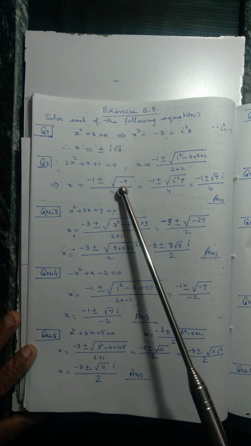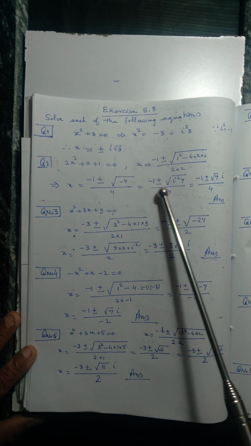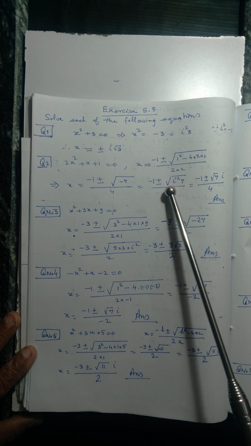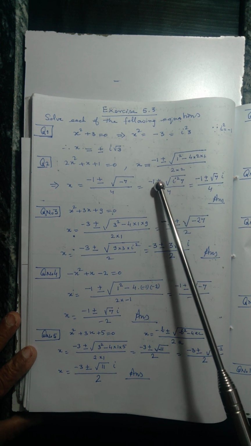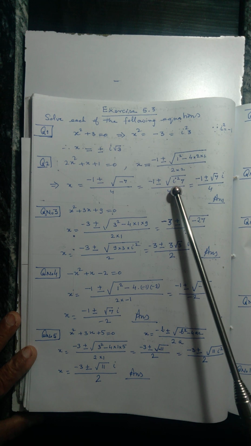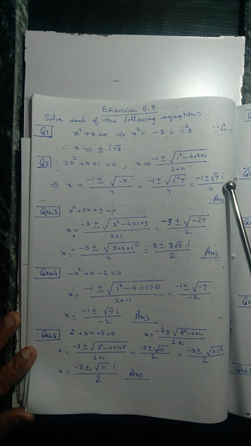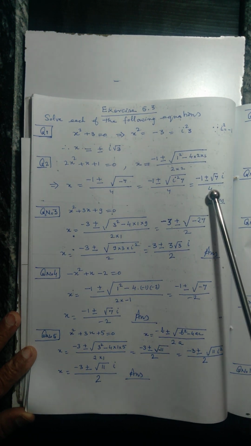So in place of minus 1 inside the square root, I have written iota square. So minus 1 plus minus, take the square root of iota square, that will be equal to minus 1 plus minus root 7 into iota by 4.